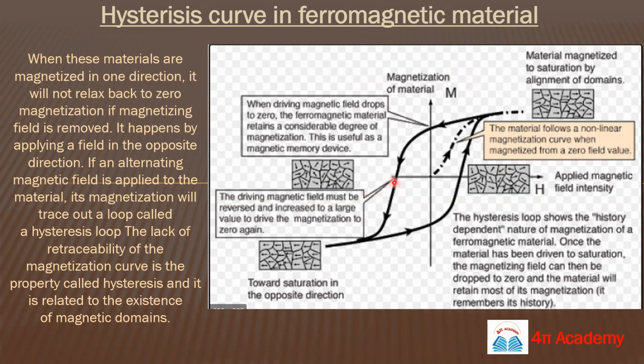You can see at this position initially the domains. Domains are the small regions in which there is some magnetic moment, and overall when we sum up these individual magnetic moments, we will have some spontaneous magnetization.